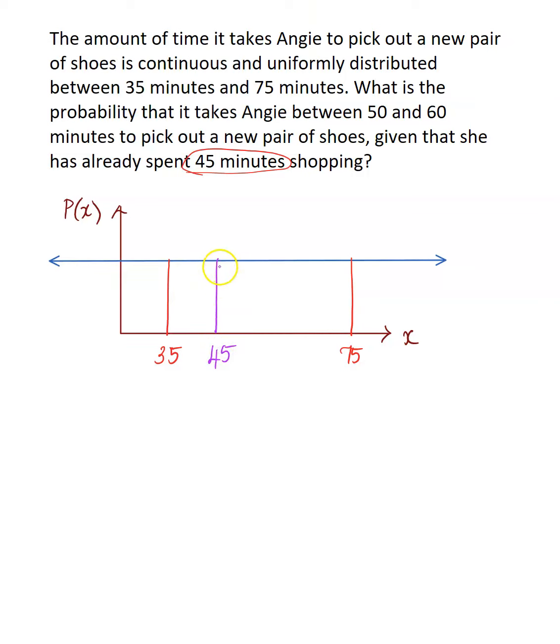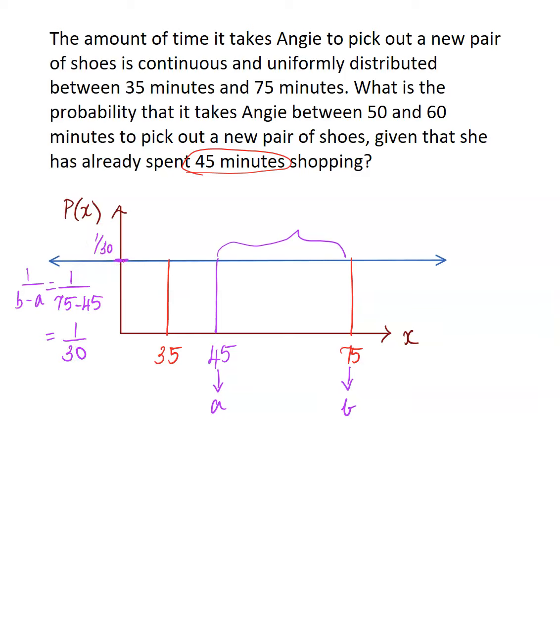Now my box would be just 45 to 75. If I were to find the 1 over b minus a, this will be my a, this will be my b. So 1 over 75 minus 45, which is 1 over 30. The height of the rectangle is 1 over 30.